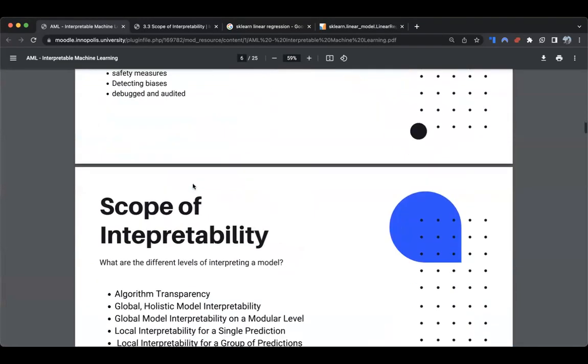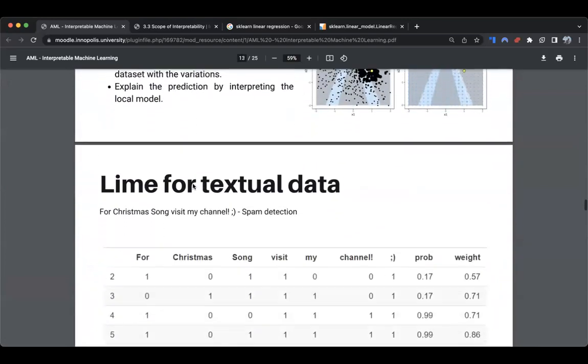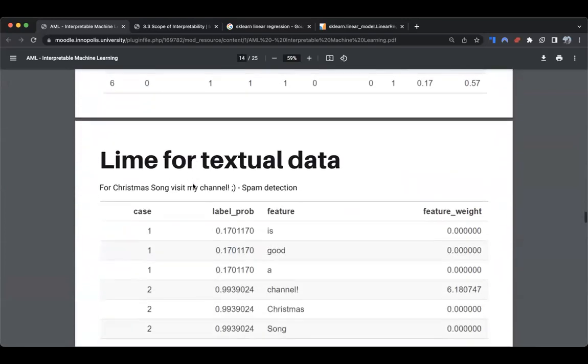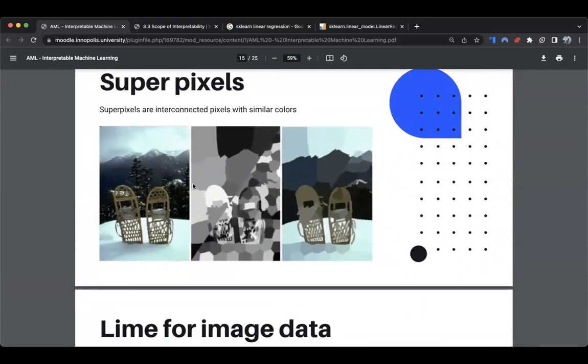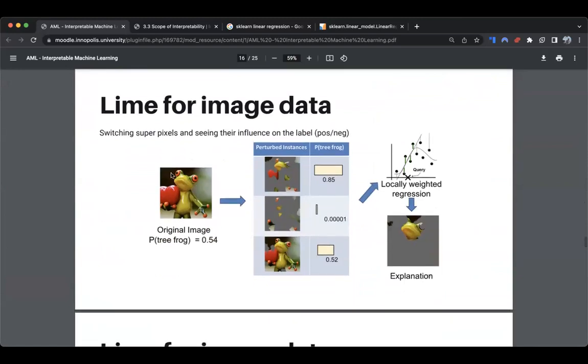So through LIME, we're able to interpret this computer vision model and understand what are the regions inside the image that made the model make a certain prediction. So here, as we said, we apply superpixeling and create these perturbed instances which contain only some parts of the image. If the picture is classified as positive, then the model is going to learn from that that this region is the reason why we made that prediction.